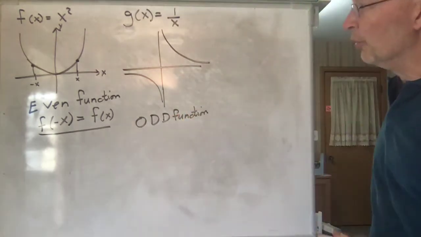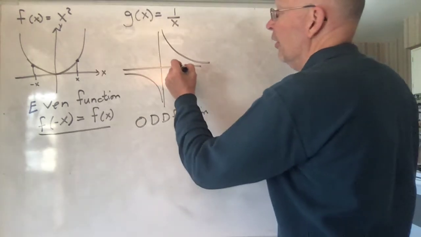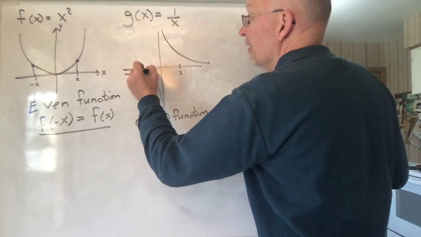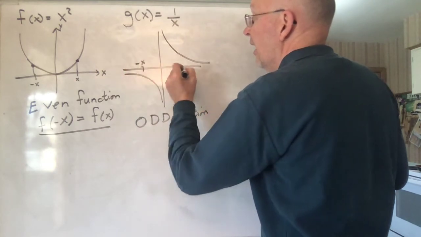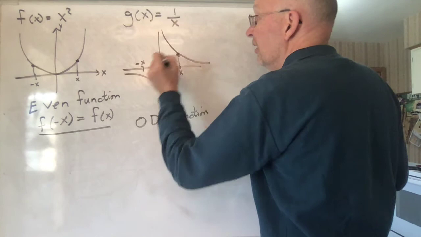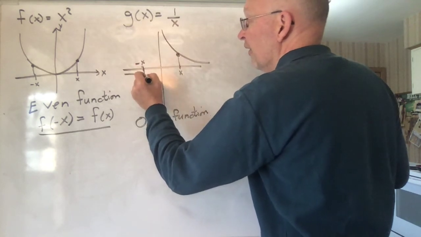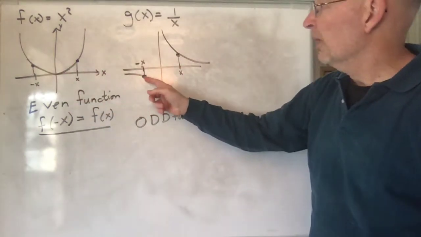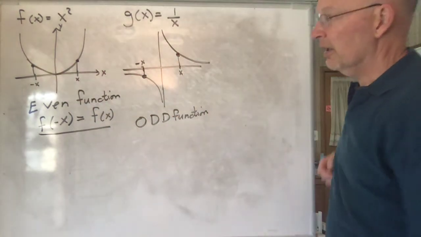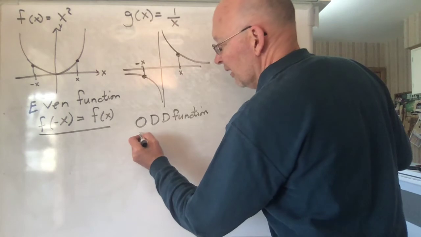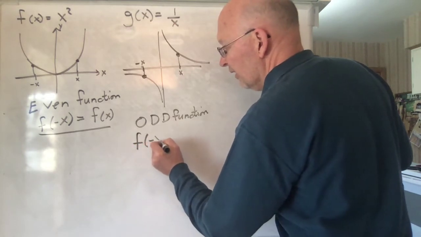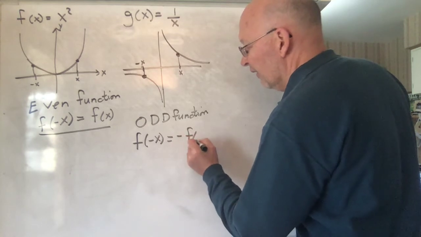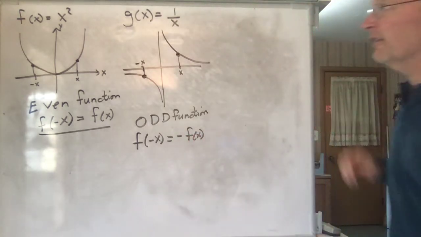An odd function is one that has the property that if I start with an x right there, and I take the exact opposite right there, and look at the values of the function, notice that the values of the function are not the same as they were here, but one is the exact opposite of the other one. So it satisfies this property. F of negative x is the negative of f of x. So that's an odd function.